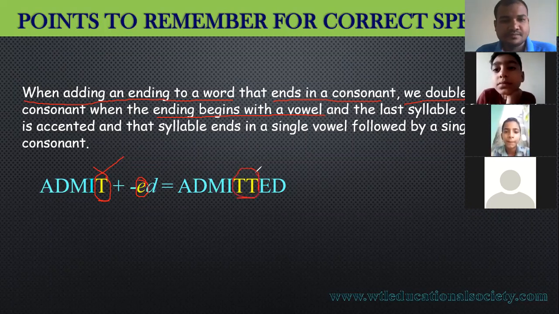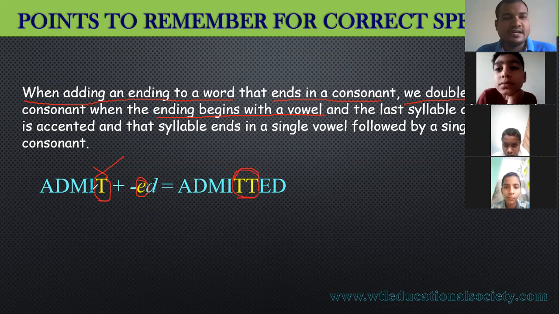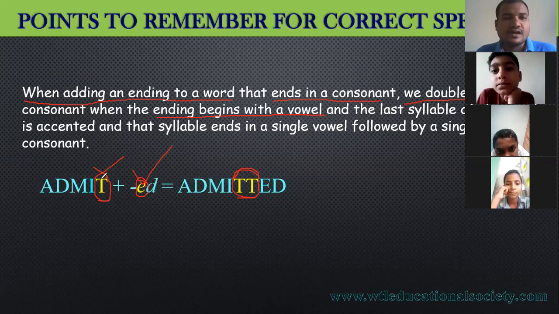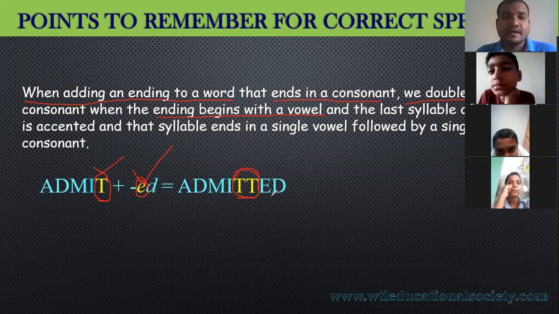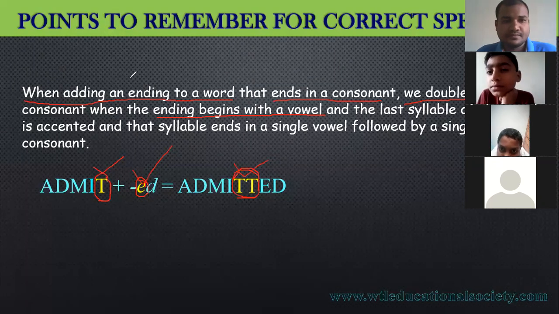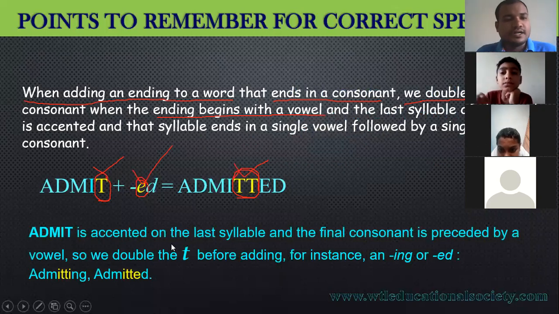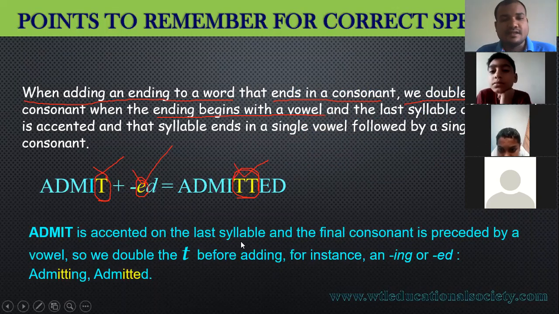Right? So for the word ending with a consonant, whatever ending we are adding, if it starts with a vowel sound, then the last consonant we are supposed to double. Understood? Right. So admit is accented on the last syllable and the final consonant is preceded by a vowel.